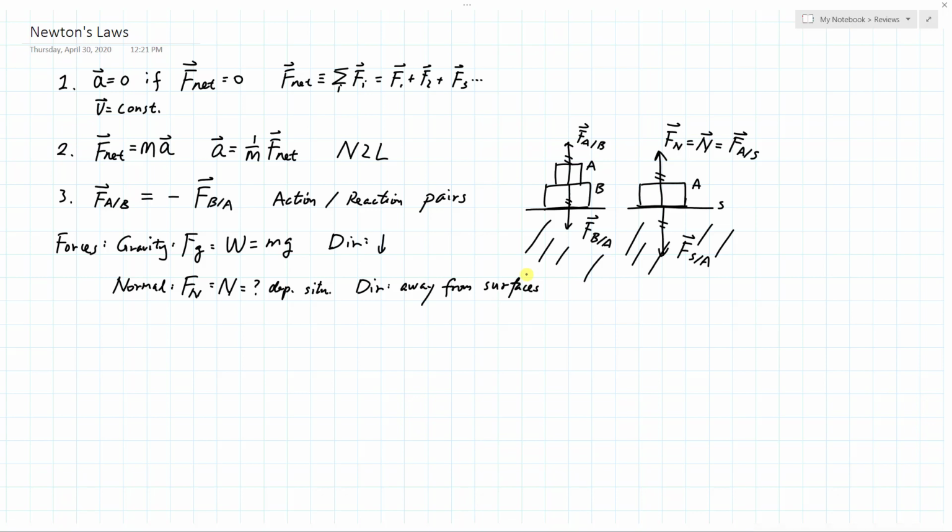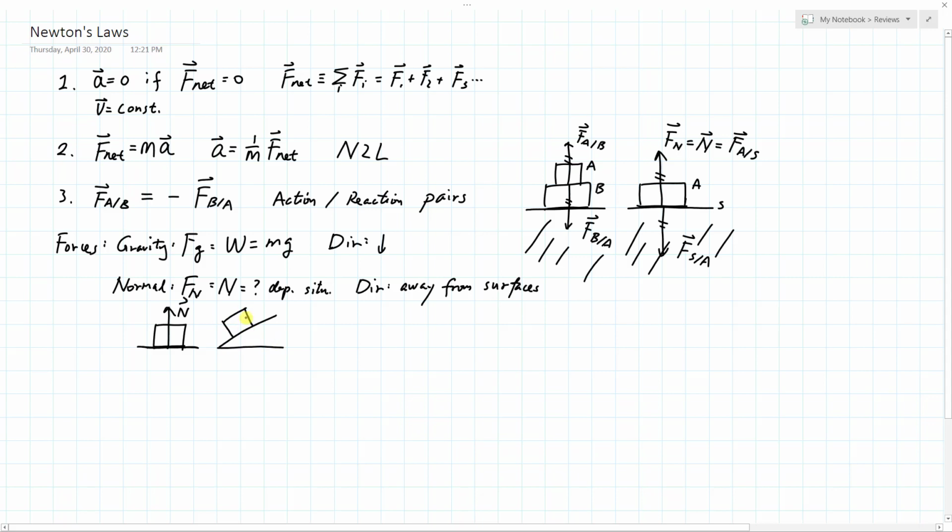So I'll give you some examples. Here is a simple example where you have one object sitting on a surface. So the surface pushes up with this force, away from the surfaces, the support surface and the bottom surface of the box. And say the same box sits on an inclined plane.